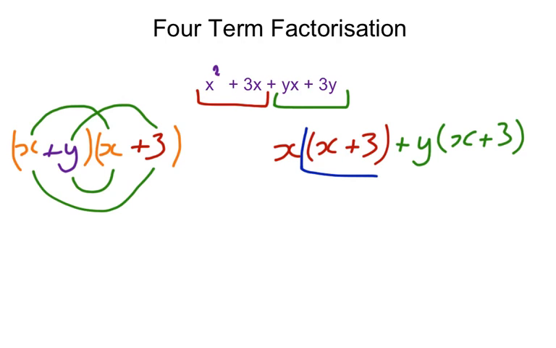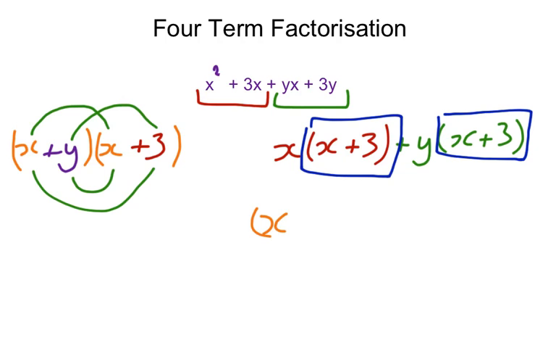Now that we've got x plus 3, the same bracket in both groupings, we can factorise to x plus y, the two bits that are outside the brackets, times by x plus 3, the brackets that match up. So that's how we factorise 4-term expressions.